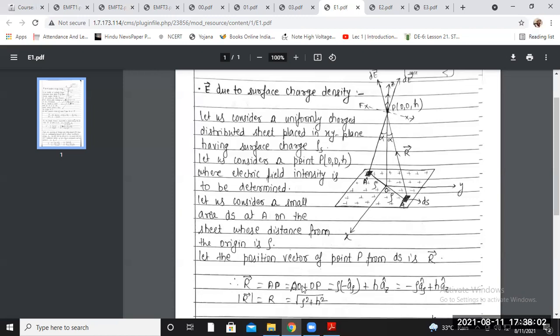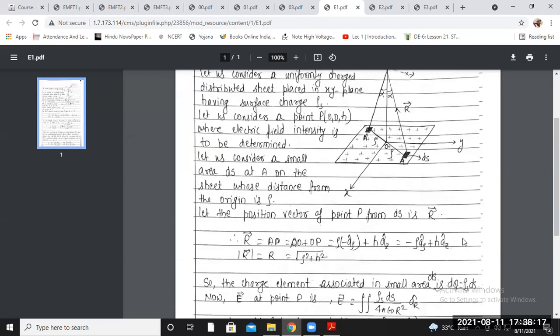AO is given as minus rho a rho cap, where minus is for the decrease in length, or movement in the opposite direction. OP gains distance, so it is h a z. The final equation is minus rho a rho cap plus h a z cap. Finally, the magnitude of position vector r is the square root of rho squared plus h squared.